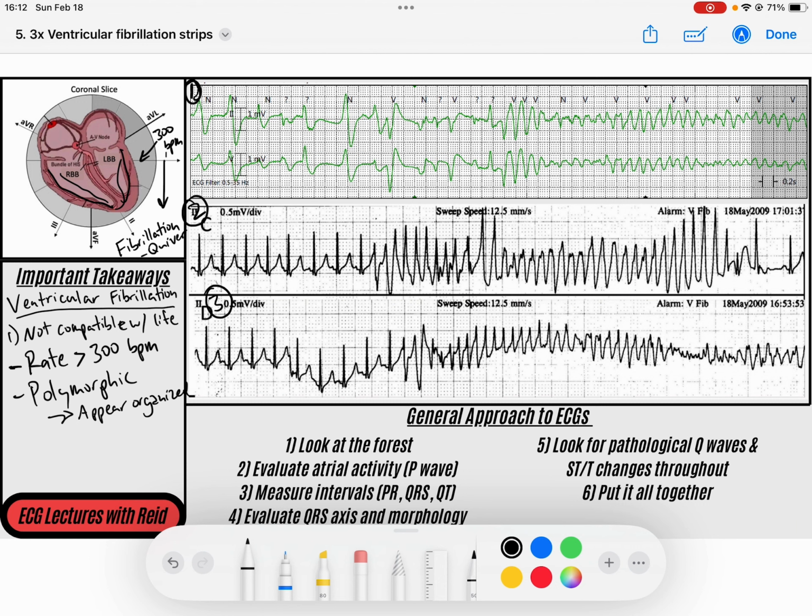And so let's take a look at these strips. You can see here on strip number 1 that we'll be looking through, we have a very disorganized rhythm, right? We've kind of got these wide complex QRSs with some polymorphic beats. Some of these are premature ventricular contractions, maybe a normal QRS right here. And then all of a sudden you see things kind of organized right here, and from here on we have this fast rate.